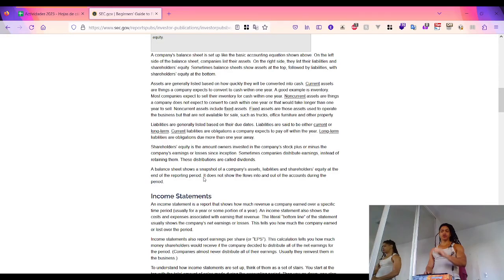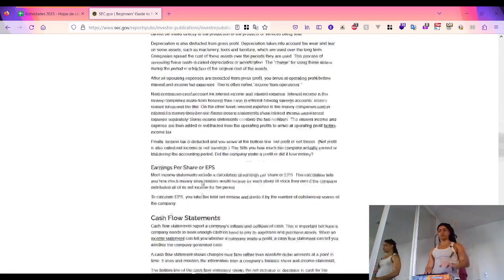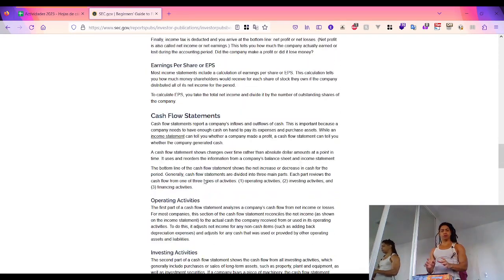So I'm just going to jump straight to the cash flow statement and give a quick overview. It's a report that shows the company's inflow and outflow of cash in a period of time.